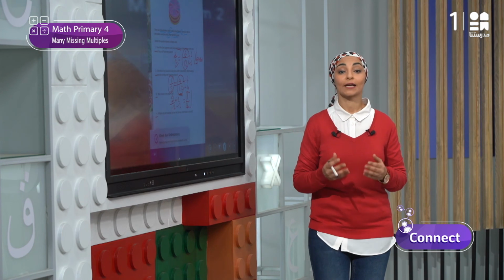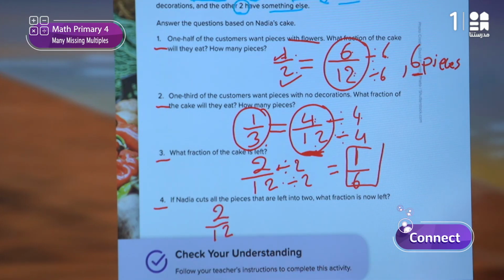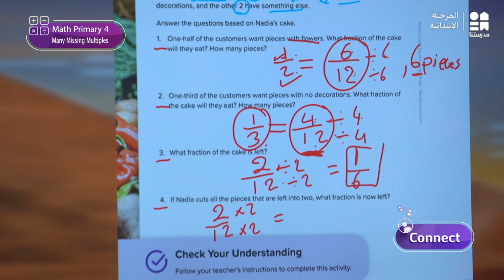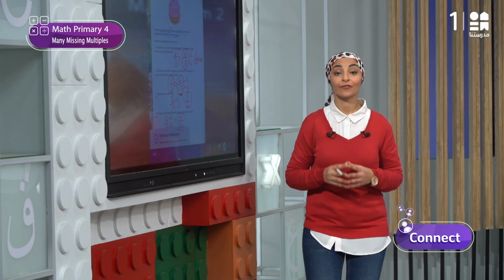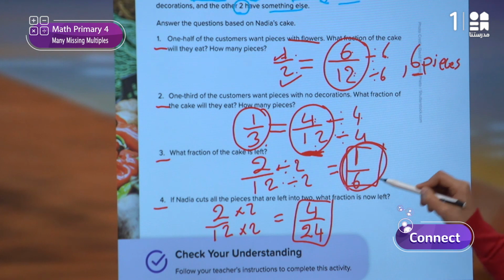We said the remaining pieces are 2 over 12, and when I double it, that means I will multiply by 2 up and down. So 2 times 2 equals what? 4. 12 times 2 equals what? 24. So 4 over 24. And we all know that 4 over 24 is the same as 1 over 6.